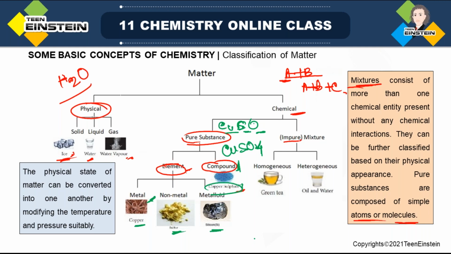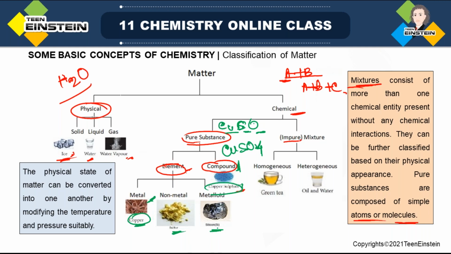Just remember the periodic table. In the periodic table, copper is present in the D block in the middle part. Then non-metal sulfur is present in the P block. There are so many other types of non-metal, only sulfur is mentioned here. Similarly, metal copper, there are other types of metals. Some metals you can also find in the S block. And silicon is a metalloid.